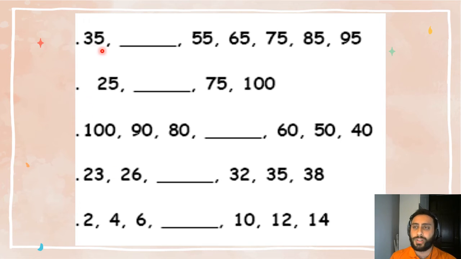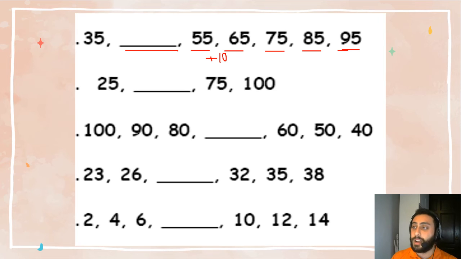So first one is 35. Hey, we don't know this one. It's okay. Let's keep looking. 55, 65, 75, 85, 95. What's happening here? It is getting plus 10, right? Look at here. 55 to 65 is plus 10, right?